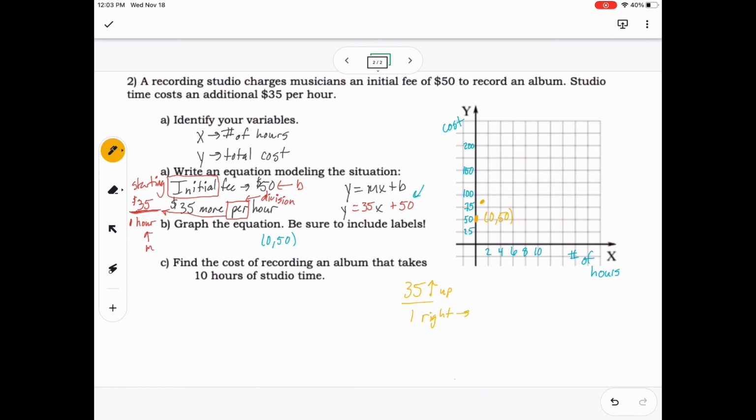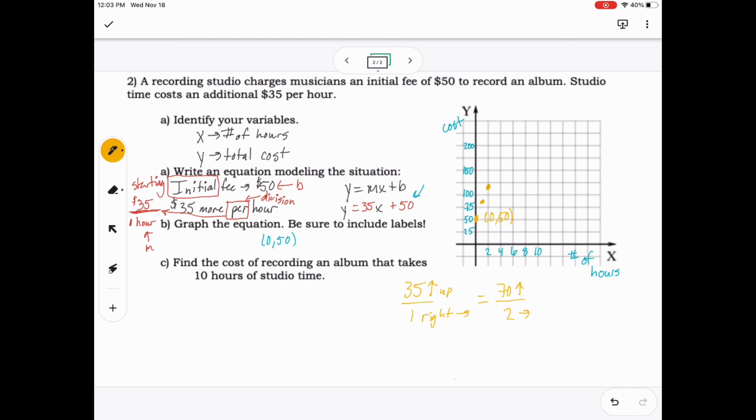So 35 up again. So that would be like starting at (0, 50) and going up 70. But then I also have to go to the right too. Okay, so maybe that would be better. So up 70 would get me to 120, which is right about there. Okay, so then I can at least get on a line here, but it's not great. So let's do it again.